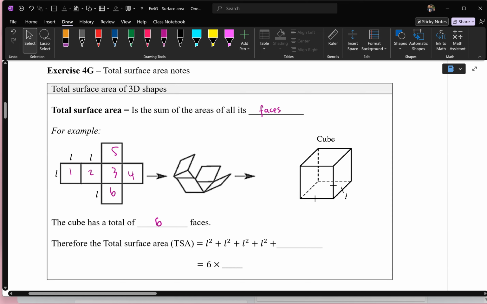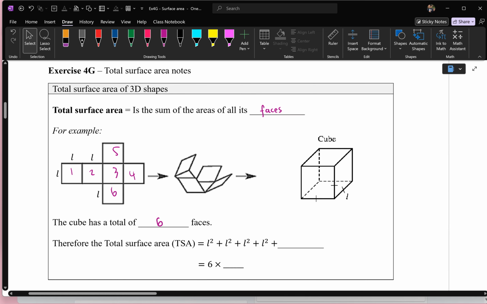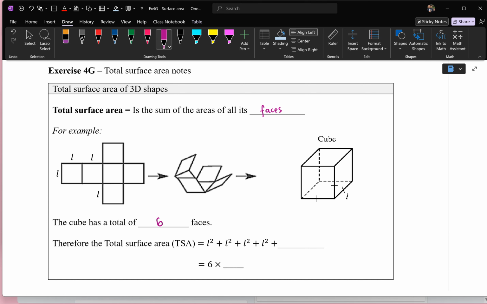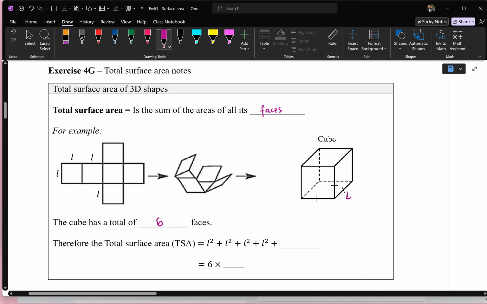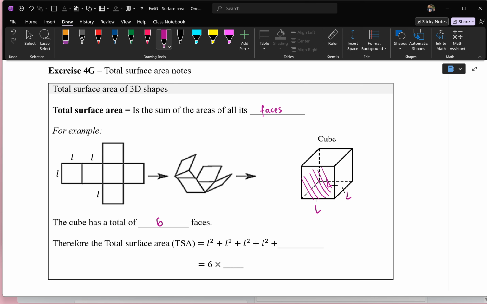Have you noticed that if this is L, the length, because it's a cube, it's all the same, length times length will give you the area of 1 face. But you've got 6 of those faces, so you would do L times L, plus L times L, and so forth, until you get all 6 areas.